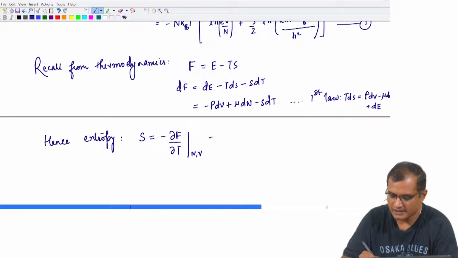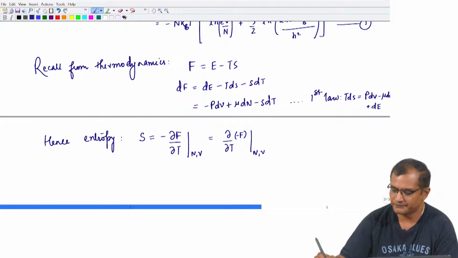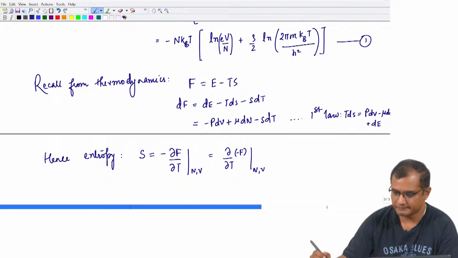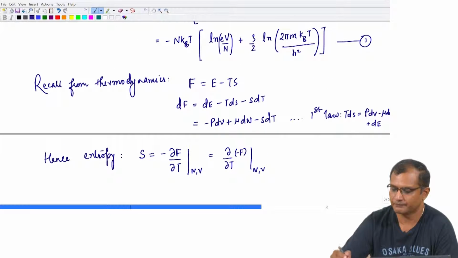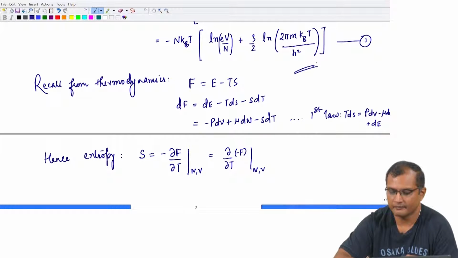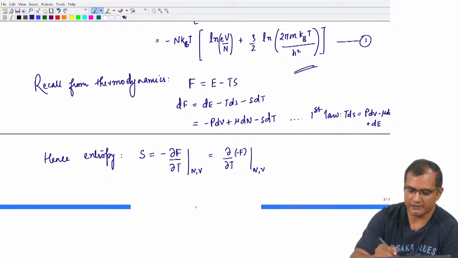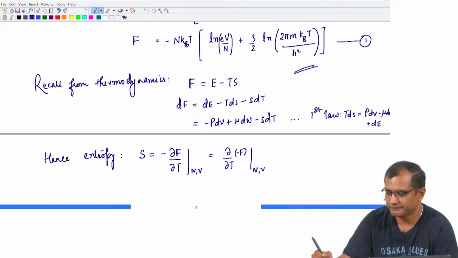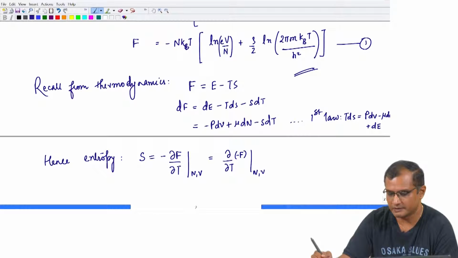I can also write this as d by dT of minus F at constant N V conditions. Now, your expression for F is here, equation 1. So, this is your free energy F, which is obtained by taking logarithm of the partition function.